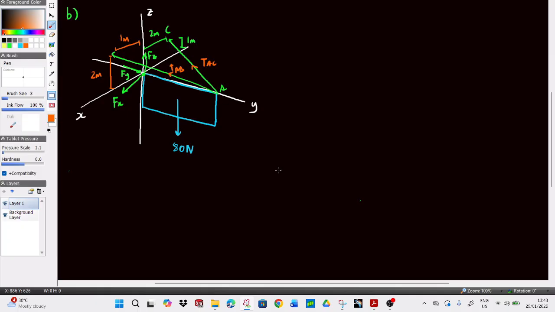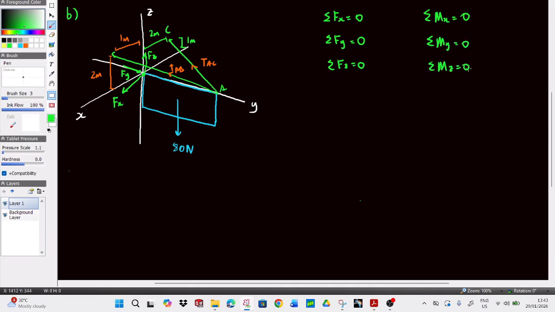Now there comes the question, how are we going to solve this problem? For the 3D case, we actually have 6 equilibrium equations. We need to say that summation of Fx equals 0, summation of Fy equals 0, summation of Fz equals 0, and summation of Mx equals 0, summation of My equals 0, summation of Mz equals 0.